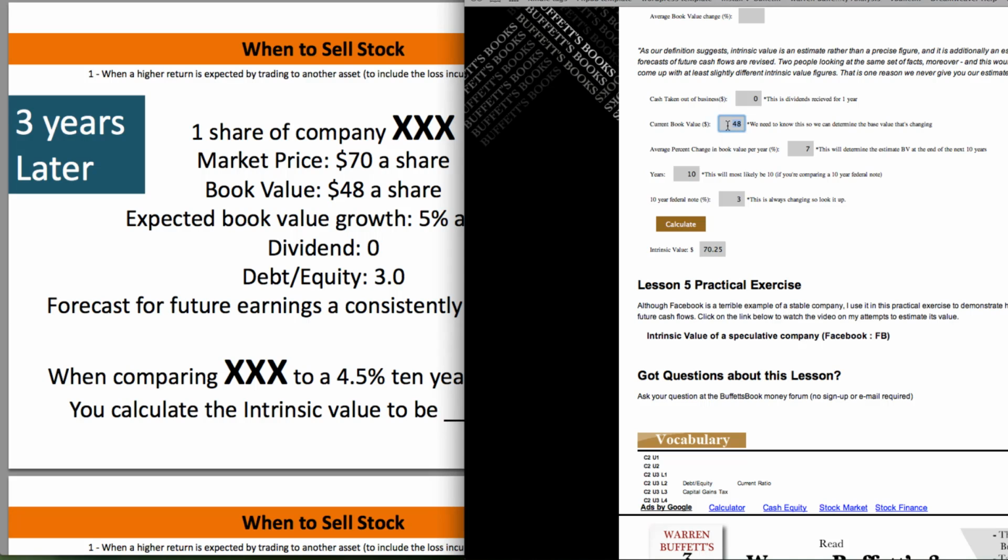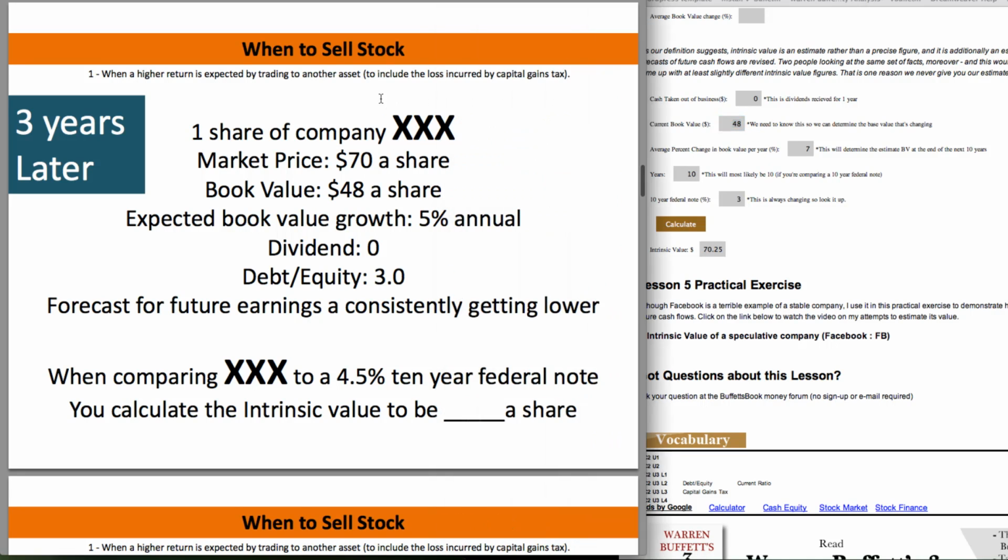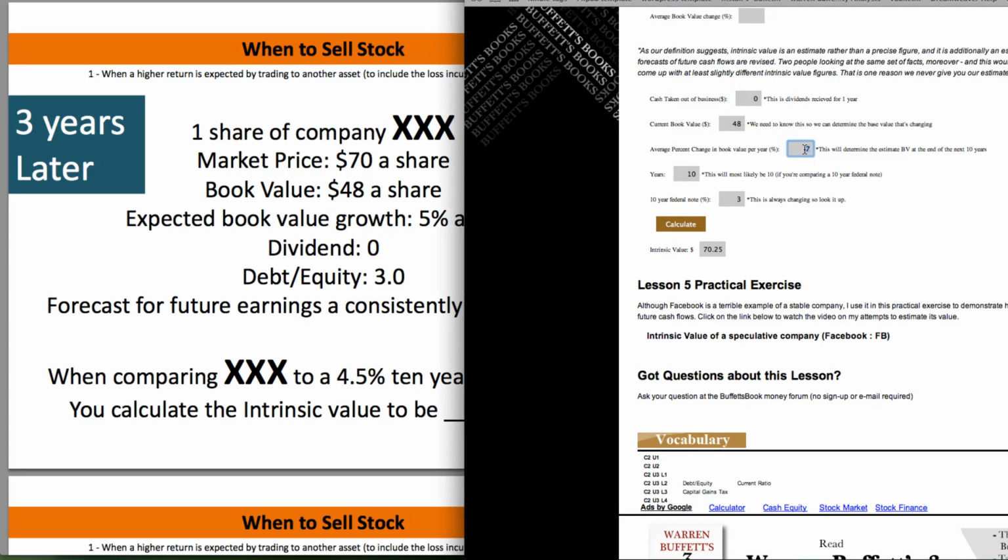Okay, so the book value is still 48. Now, the average percent change in book. Right now we're assessing that the book value is only going to grow 5%, where before we were saying it was going to grow at 7%. So that's a major difference, and we've got to put that change in. So we're going to change that to 5, which is symbolic of 5%. We're still going to have the calculator sum it over the next 10 years because then we're going to compare it to the 10-year federal note.